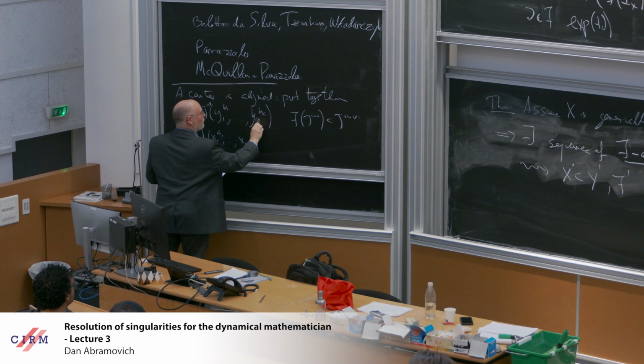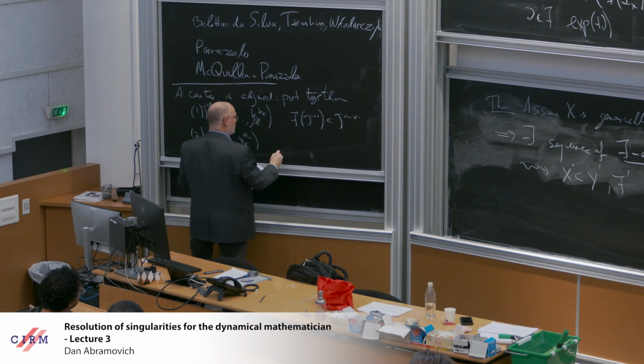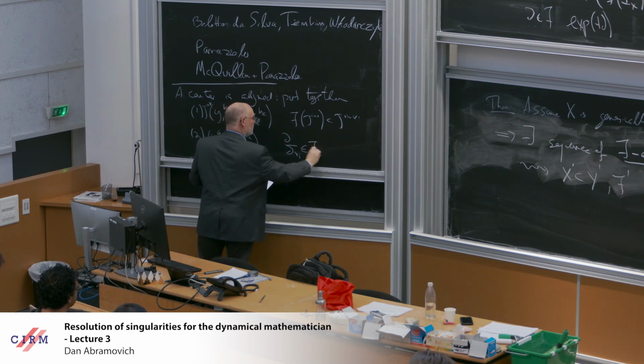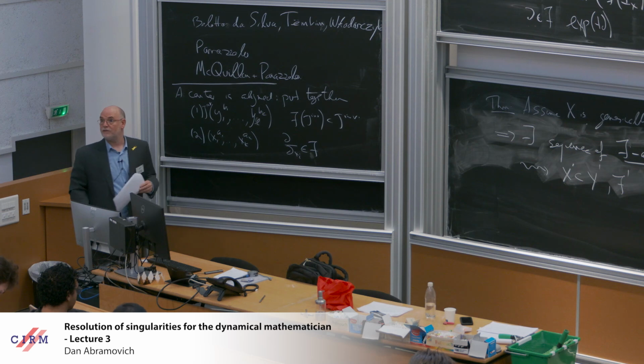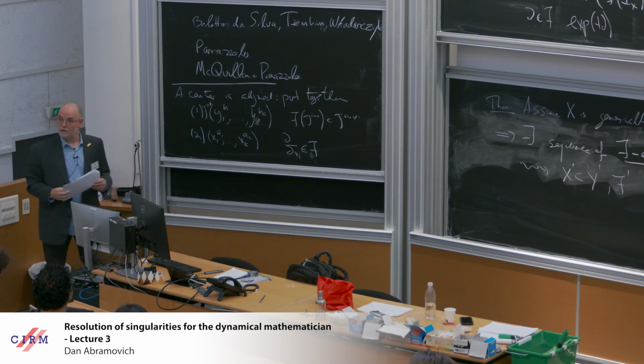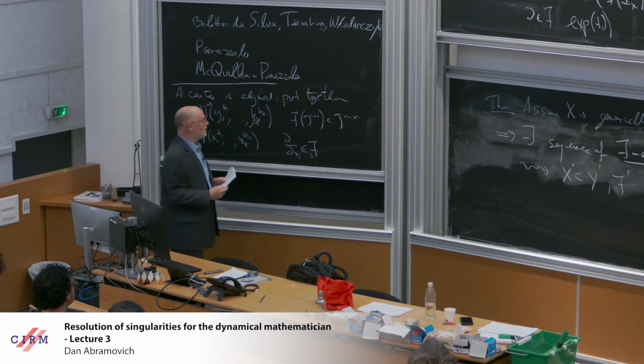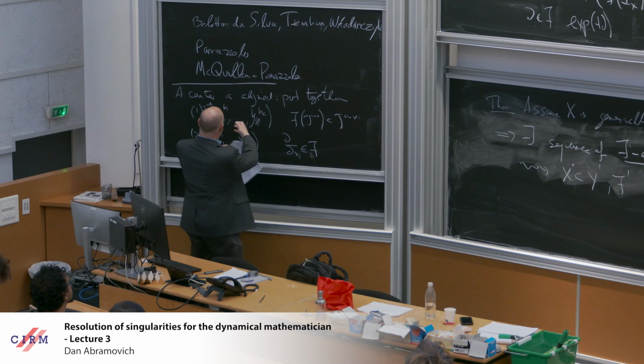So this is a y^l x^k to the a_k, where d by dx_i are elements of F. So really transverse to the foliation. And so a center is aligned if it's put together.